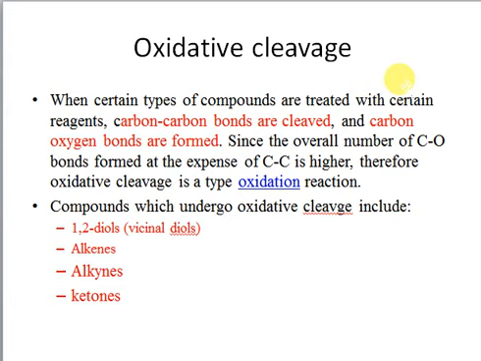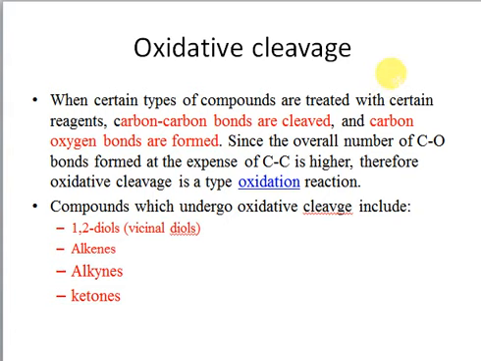When certain types of compounds are treated with certain reagents, as a result we break carbon-carbon bonds and we form new carbon-oxygen bonds, right? So it's important in oxidative cleavage that we break the carbon-carbon bond, and carbon-oxygen bonds are also formed.